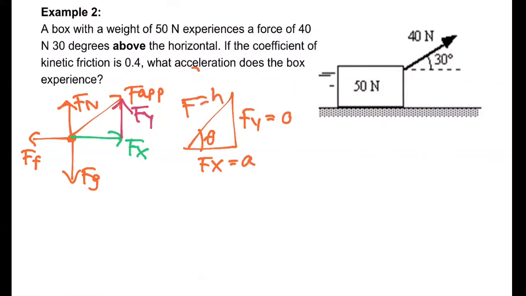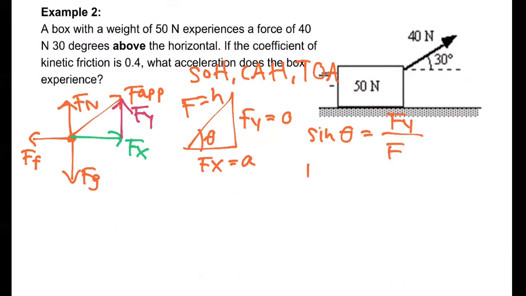So if you remember good old SOHCAHTOA, we can actually solve for what each of these components would be. So if I say that sine of theta equals my opposite Fy divided by my hypotenuse F, I can solve for what Fy would be. Fy is going to be equal to the force applied times sine theta. I'm going to highlight that because that's an important thing to know.